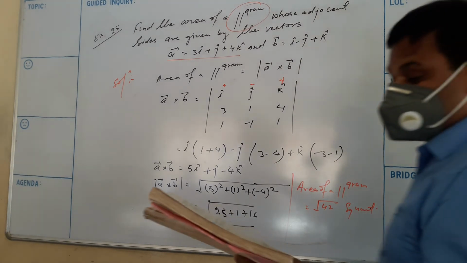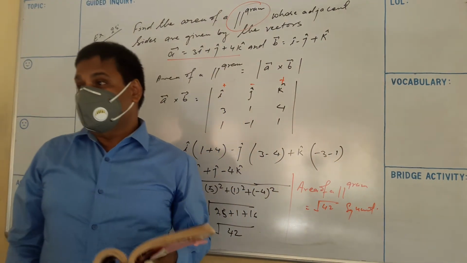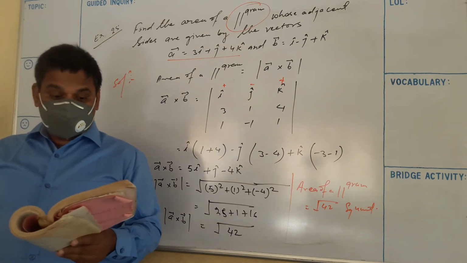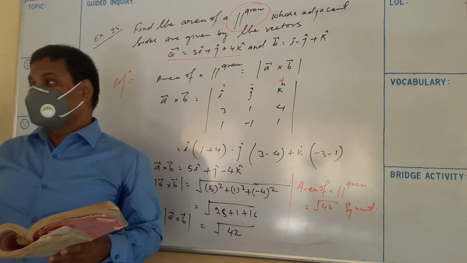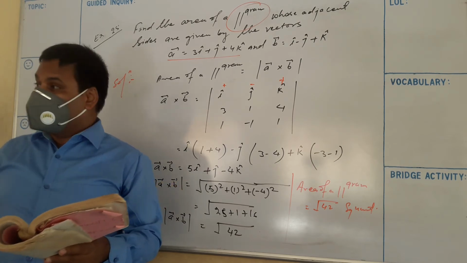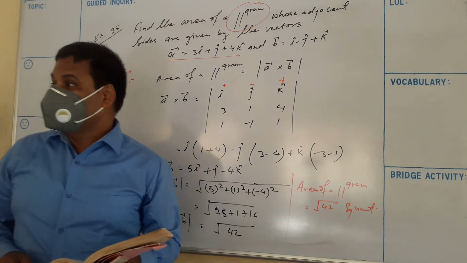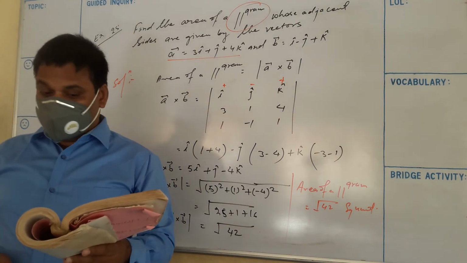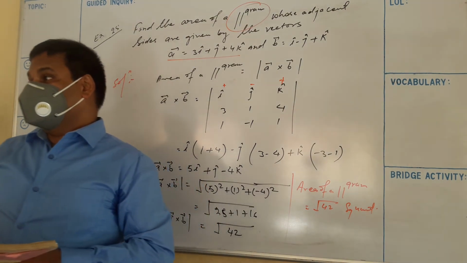Okay. Question number 1. Find mod of vector A cross vector B. So first of all you have to find out vector A cross vector B. Then after take mod. Number 2. Find unit vector perpendicular to each of the vectors A plus B and A minus B, where A and B are given, just like the previous question.